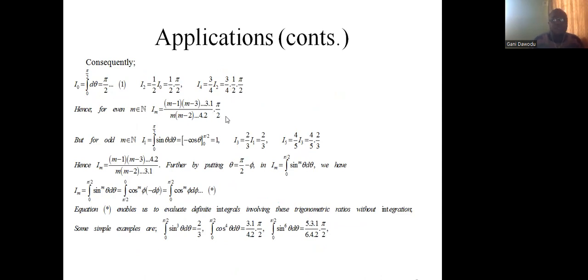So for even m, this is what will result. You don't have to carry out any integration. Just look at the power. Is it even or odd? If it is even, this is what gives you the result. Now, if it is odd, there will be no pi in the scene. No pi in the scene. This is what will give you the result. Examples are the ones I've shown here.